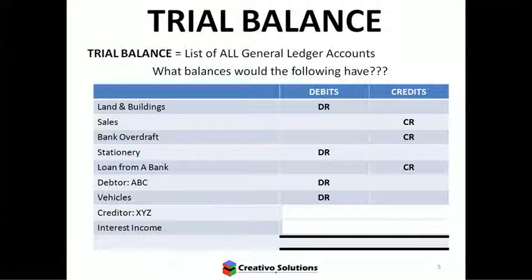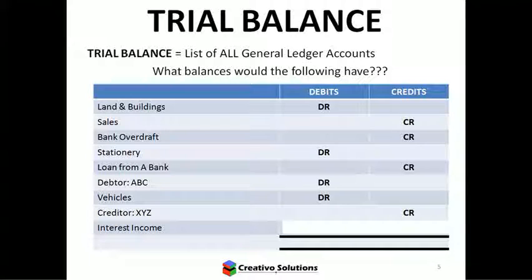So what definition does that meet? Well, you should be thinking about an obligation. A creditor would be an obligation because I'm going to have to pay them in the future. So I'm going to then identify creditor XYZ as a liability because obligation gives me liability, and if I know it's a liability, I know it'll have a plus on the credit side. So creditors will have a balance on the credits.